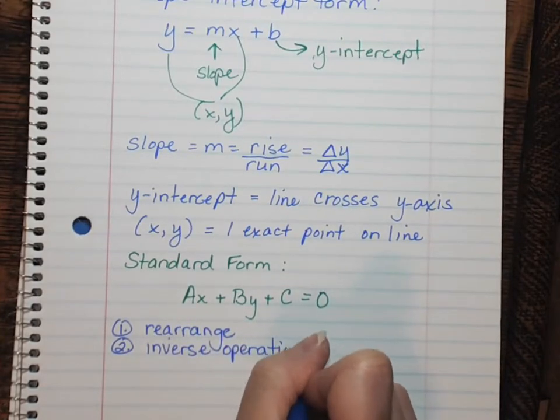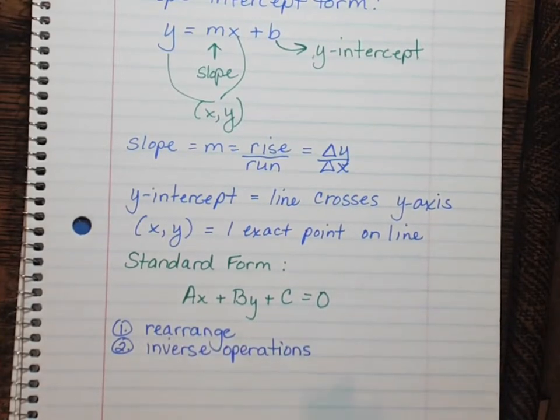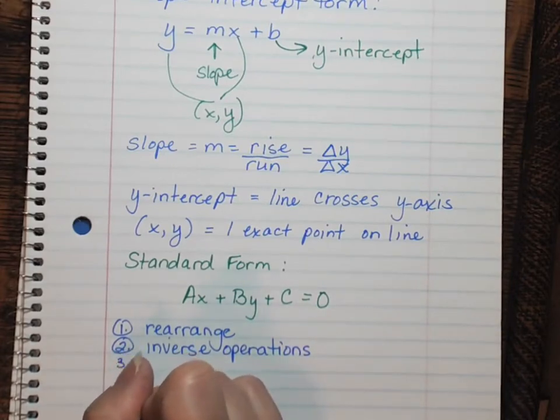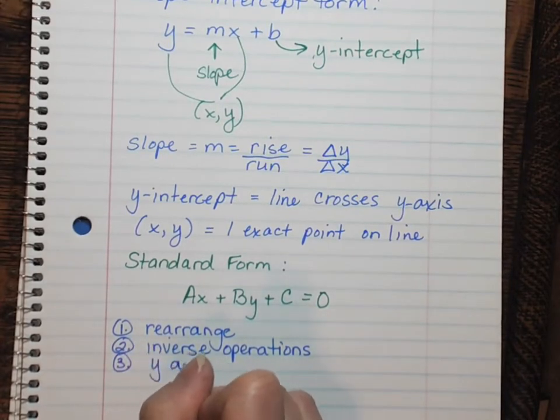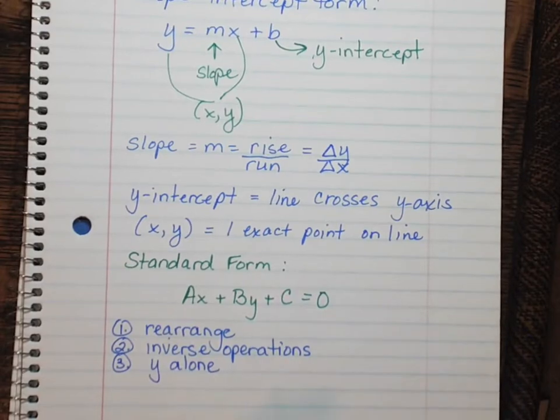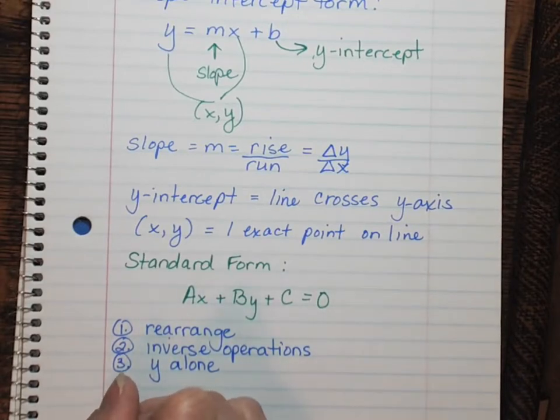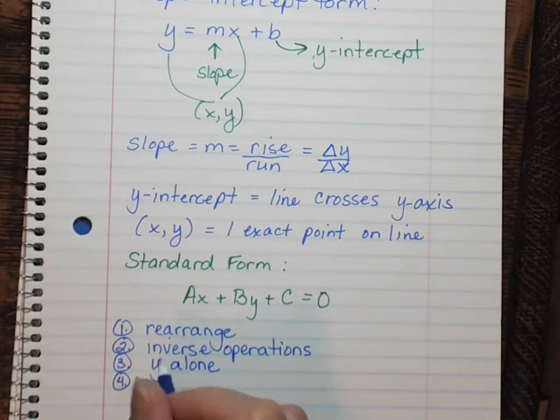So do the opposite. You want to get y alone, and then if you need to shift things around again, get it into the right formation.